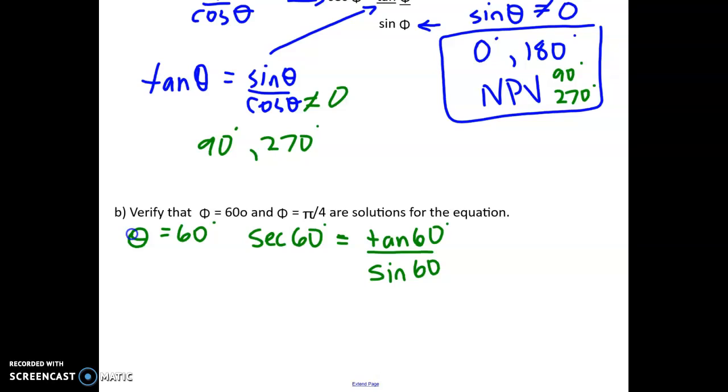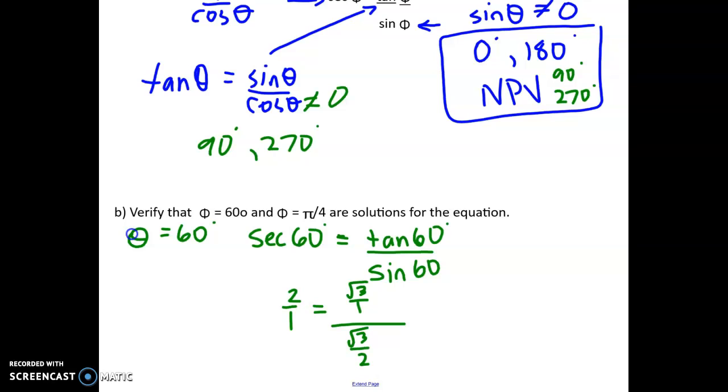So secant at 60 degrees is the reciprocal of cosine. So that means that secant is 2 over 1 at 60 degrees. Tan at 60 degrees is root 3 over 1. And sine at 60 degrees is root 3 over 2.